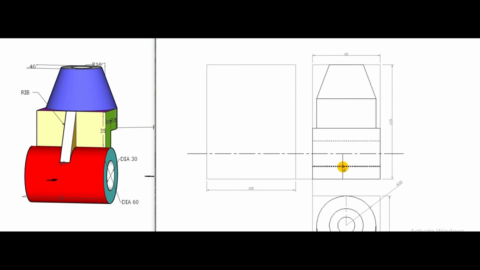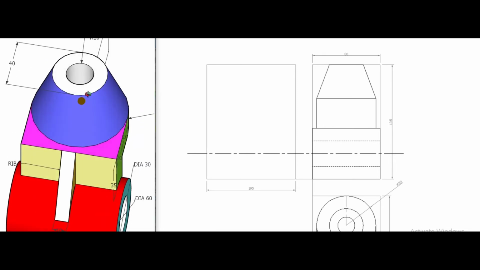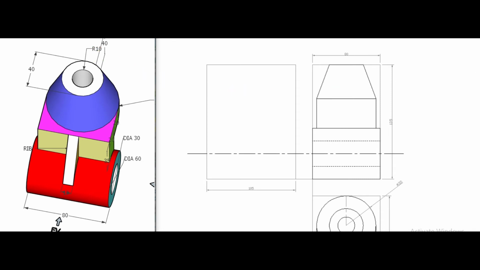The distance between these two dotted lines is 30 mm, which will represent the hidden portion. Now we have to show again a hidden portion, that is a drilled hole. So our hole is drilled, of which the radius is 10. So go here by 10 mm.